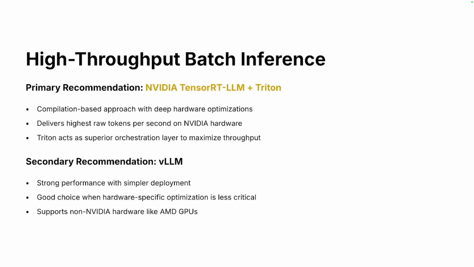And when paired with Triton, you gain an orchestration layer that handles dynamic batching, request routing, and also resource management. The secondary recommendation is vLLM, which offers competitive performance with a much simpler deployment process. In short, if maximum throughput on NVIDIA is your goal, go with TensorRT-LLM plus Triton. If you want strong performance with broader flexibility, vLLM is the option.